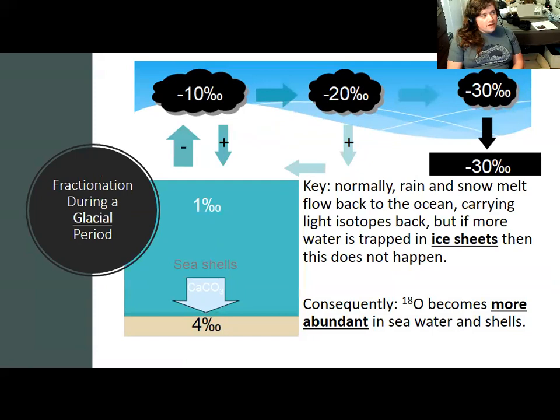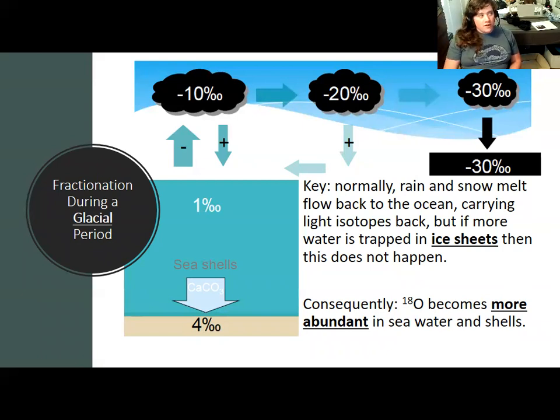Now, we see something different during glacial periods. During a glacial period, we can see the isotope ratio in the carbonate and the phytoplankton change. During a glacial period, less water is available worldwide, and the climate is overall a lot drier. And that's simply because more water that would otherwise be in the ocean actually is locked up in the ice caps.